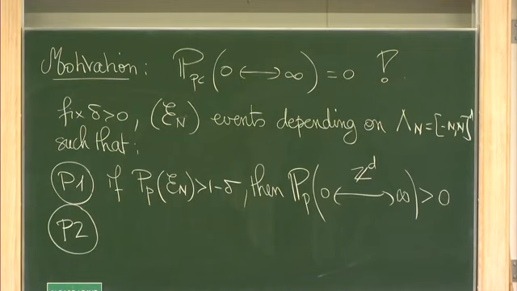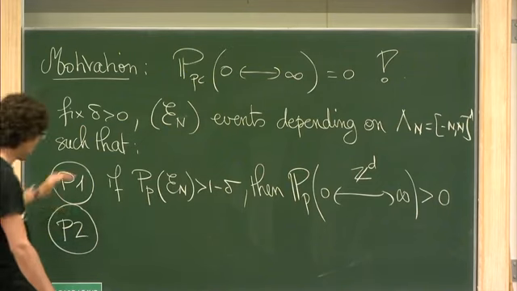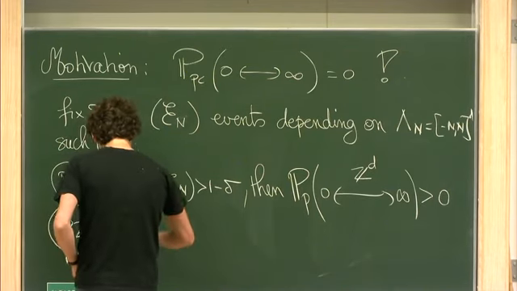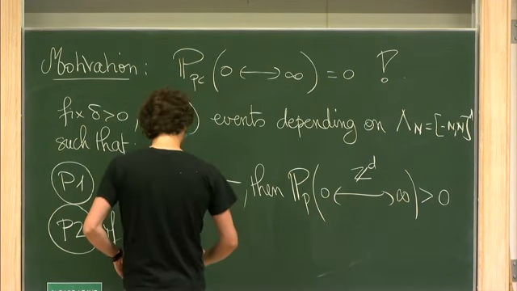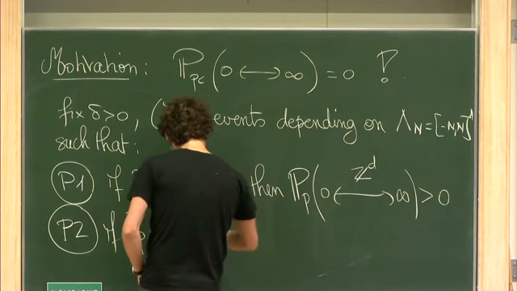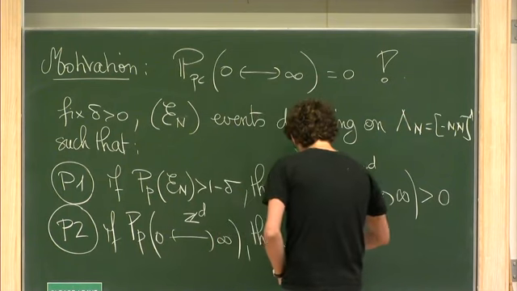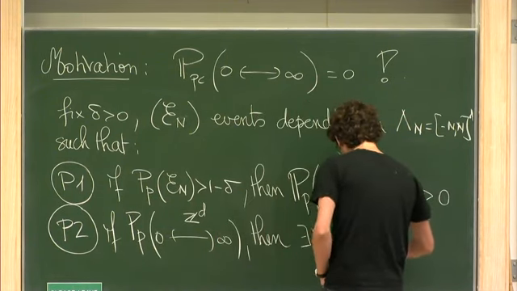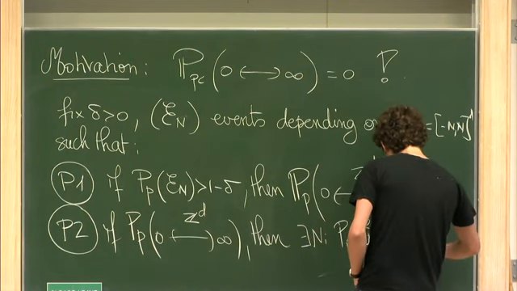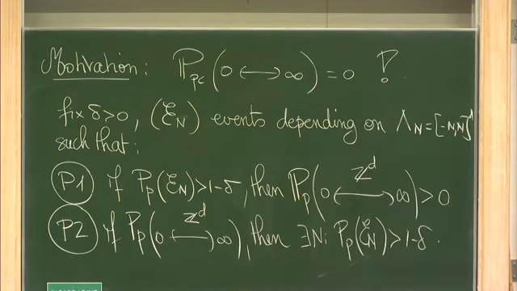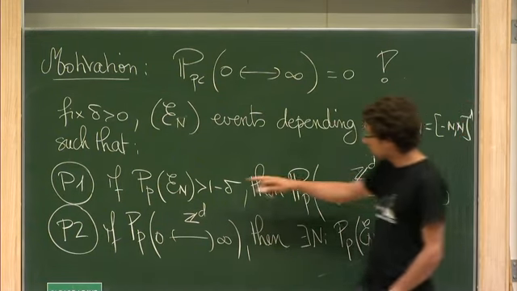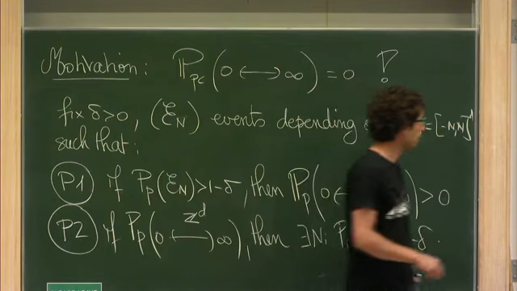Imagine I have a second property, which is complementary, which is that if I have percolation, then there exists an n such that I have this property. So basically I'm saying the two things are equivalent. I'm isolating them because I'm going to discuss them independently later on.